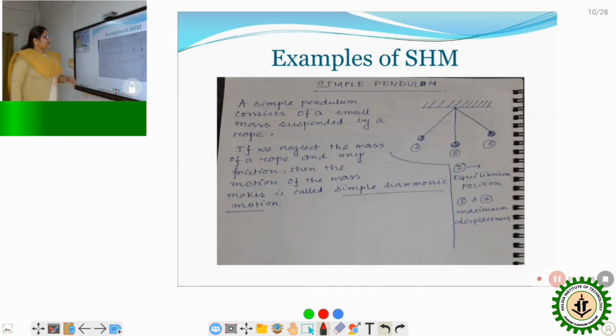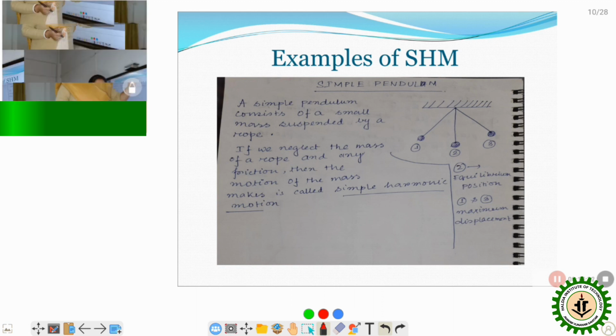Next, in this slide, I try to give some examples of simple harmonic motion. It is a very interesting one. You can see this is a simple pendulum, and there are three positions: position 1, position 2, and position 3. Position 2 is the equilibrium position, that means the pendulum is at rest, with no displacement.